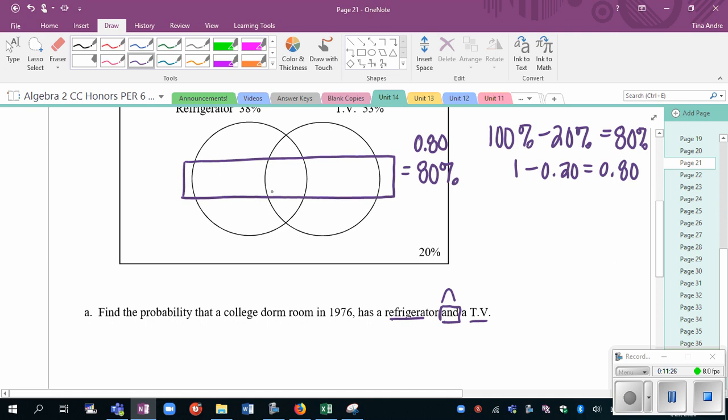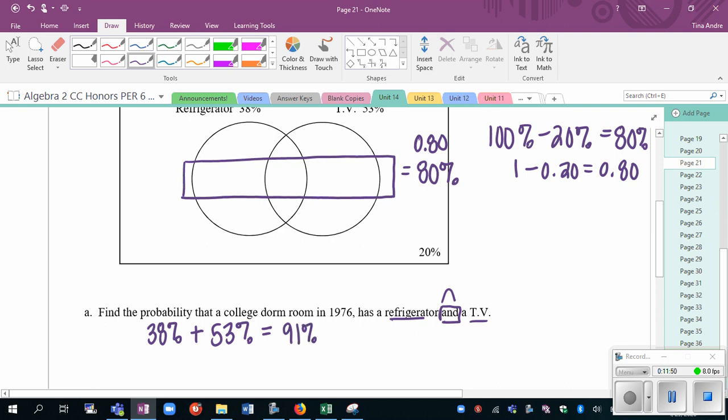So my goal is to figure out this overlap. Think about this for a second. We know that 38% of people have a refrigerator, plus 53% of people have a TV. Well, that takes us over 80%, and that can only be 80% total. So that difference is going to be our overlap.